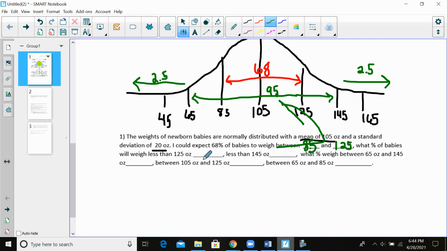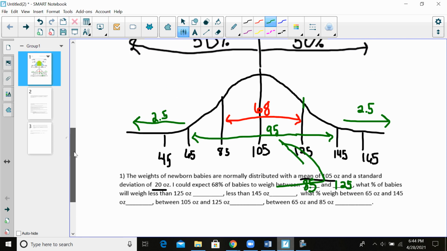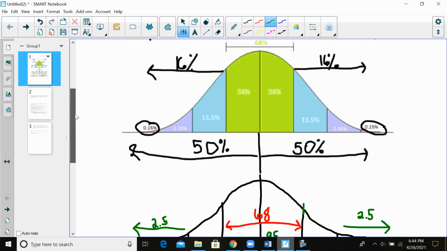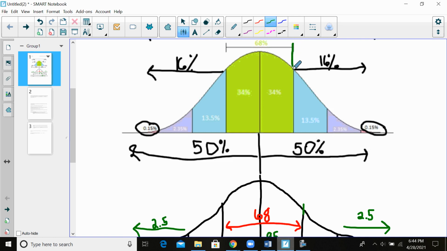ounces? Okay, so to figure that out, if I came here, less than 125, all right, maybe I'll look up here. Less than 1 standard deviation above the mean, right? There would be 16% above.